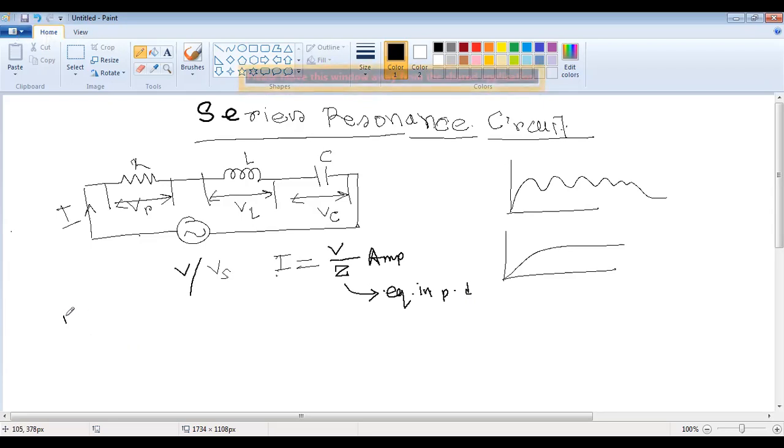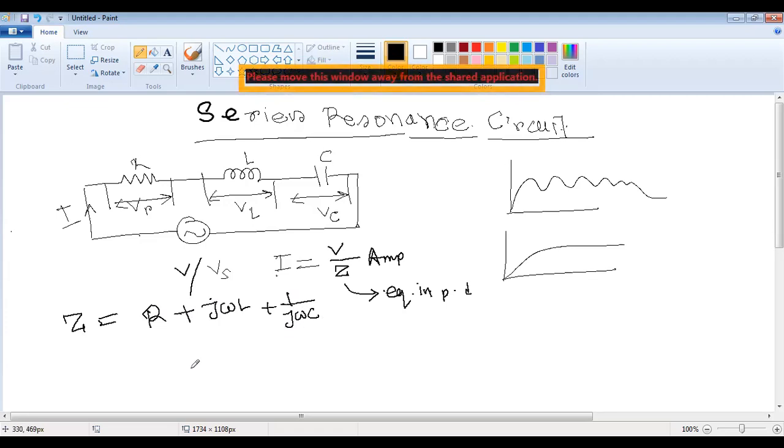Now we can write Z equal to R plus j omega L, and we can write 1 by j omega C. Now we can multiply both sides, this j and j.